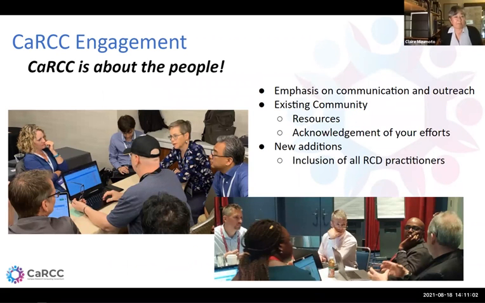Great. As with logistics that Lauren just described, the engagement operations group, unlike working and interest groups, is a standing committee without an end date or a single product objective, as Tom mentioned. This group focuses on the people of CaRC and how to help them engage with the CaRC community and participate in CaRC activities.